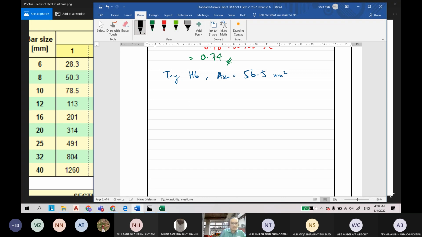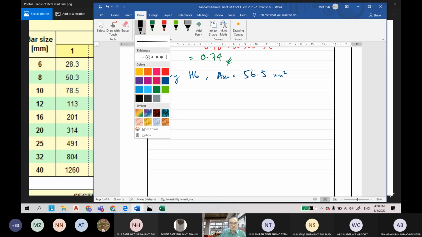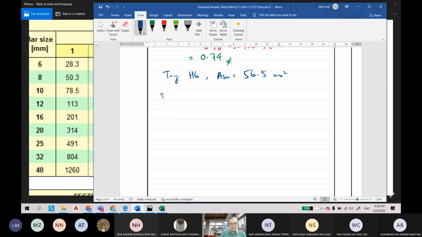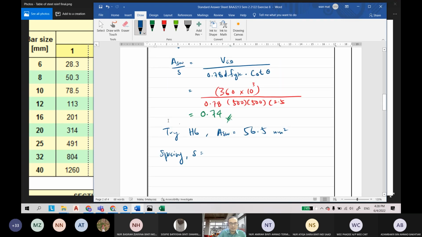With ASW, we can check the spacing. The spacing S is equal to ASW over this one, 0.74.